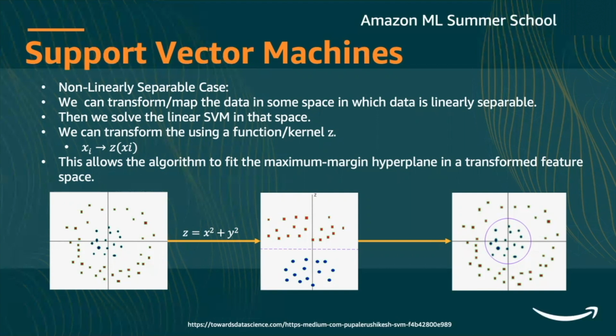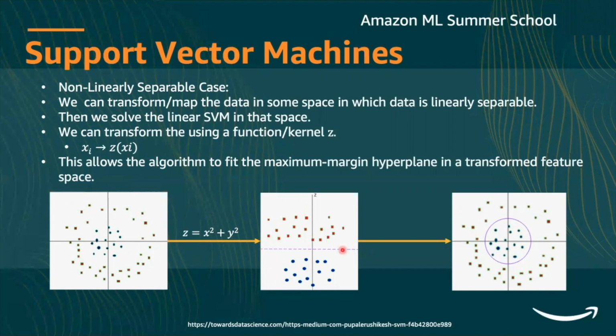Consider this case. You have two concentric circles, one here of class 1 and one here of class -1. There is no line you can make which would separate the two. However, you can do something clever. You can transform this data into polar coordinates, using x square plus y square. In this polar coordinate space, this data set is separable, as you can see here.